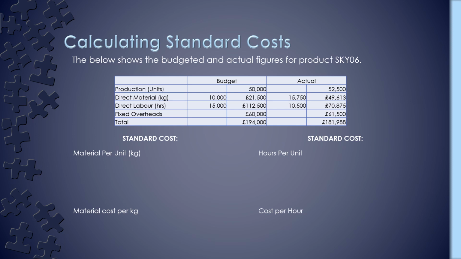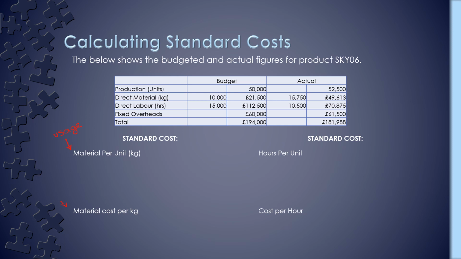So we're going to have to work out 4 different types of standard cost. We're going to work out how much material we're using per unit, how much material that costs per kilogram, how many hours we're spending per unit, and what our cost is per hour. In terms of how this fits into our variances, this one here is going to be our material usage variance.